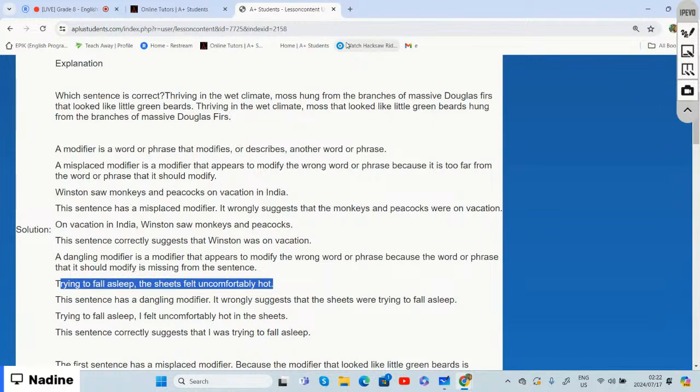Right. So that is basically our dangling modifiers, and we have our misplaced modifiers. Now we're going on to our test.